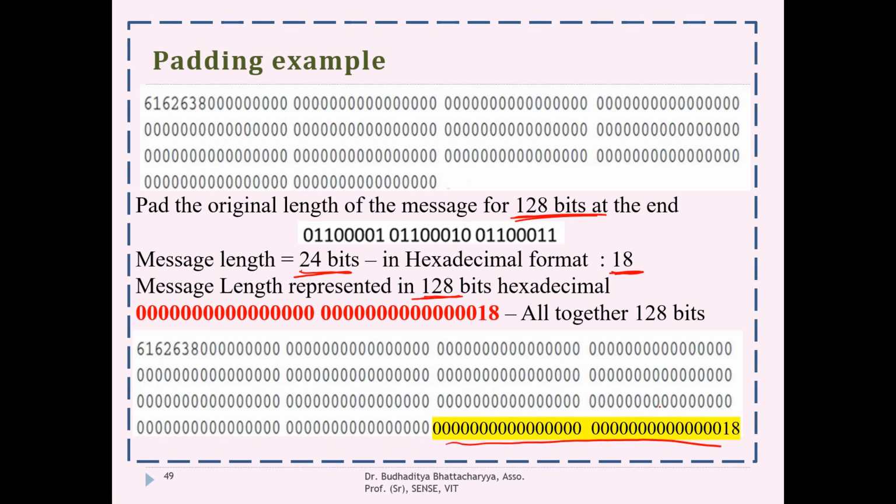This portion that you are looking at is my 128 bit that has been added. So with the original 24 bits, along with that we have padded the rest of the bits using the formula, and then we add the 128 bit of the original message length in hexadecimal format.